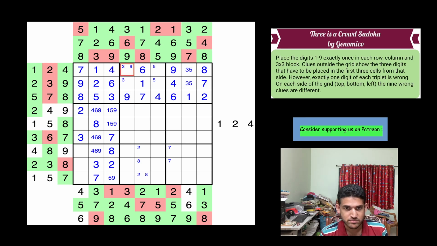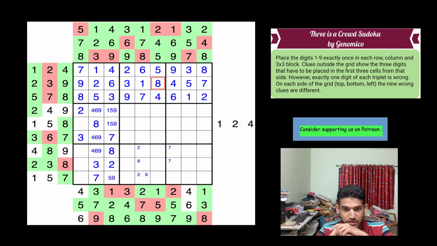So top row has 2, 3, 5 left, and you cannot have a 3 here or a 2 here because 2 is incorrect on that side. So only one digit left. 5, 3, 2 and 8. Beautiful. Top row is completed entirely. Top set of 3 rows.